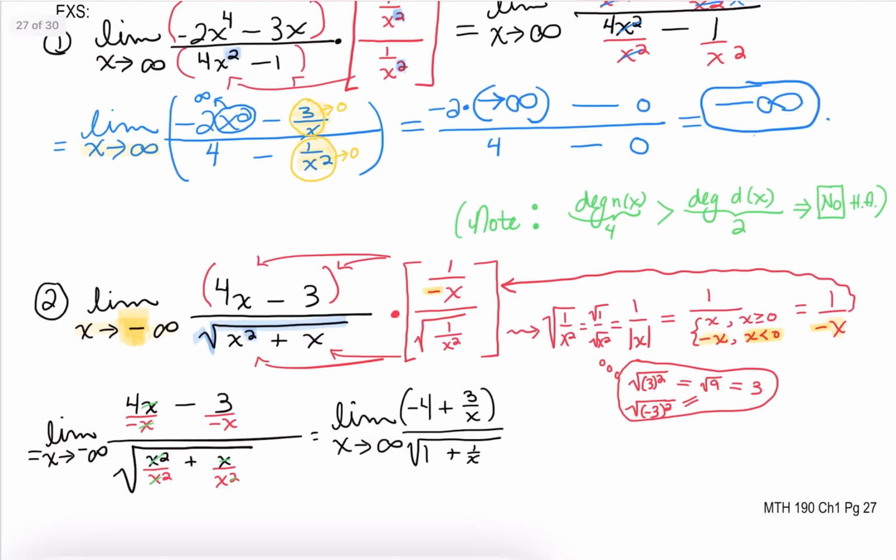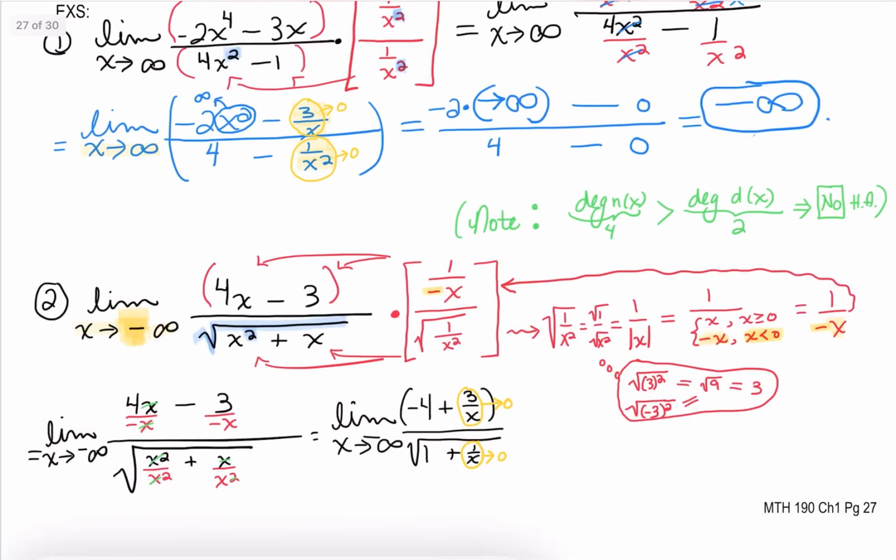So again, as x goes to negative infinity, any of these terms that are constants over x's to positive powers, those terms go to 0 as x goes to either infinity or negative infinity.